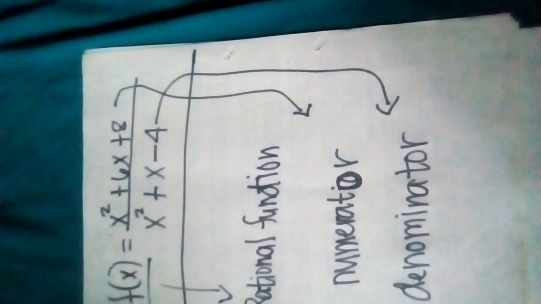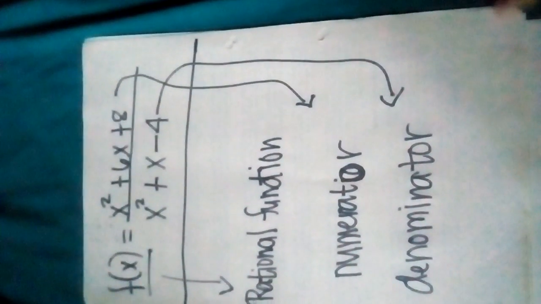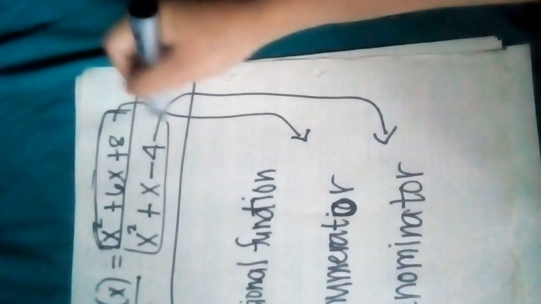And this lower part of the rational function will be our denominator. Now, we have already the rational function. Now, according to step 1, we need to factor the numerator, which is this one, and the denominator, which is this one also. Now, in factoring that rational function, this would be the result.